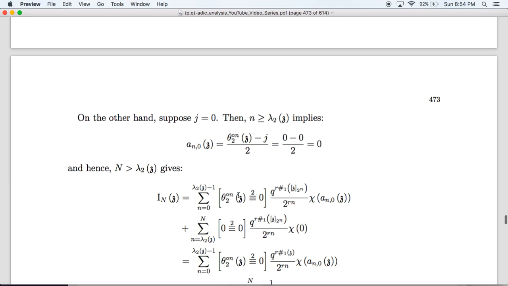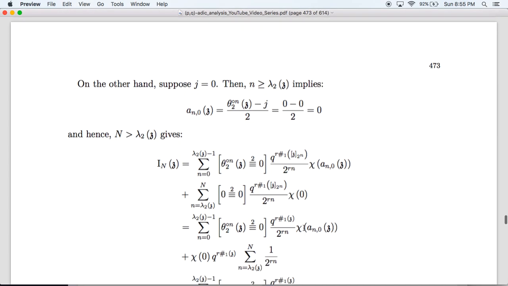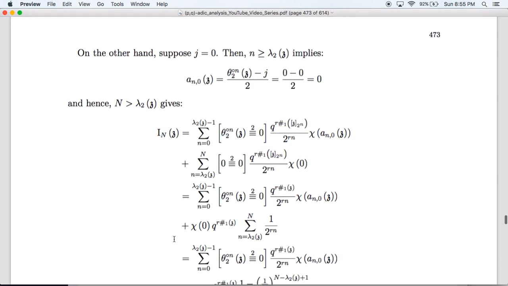This reduces to 0, 0, which is always 1 when n is in this range, and here this just becomes chi of 0. And remember, we assume that chi takes values in the rationals on the non-negative integers, so this is a rational number, and we get this thing.